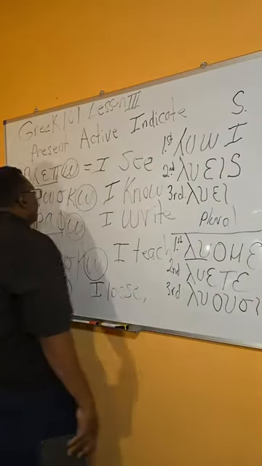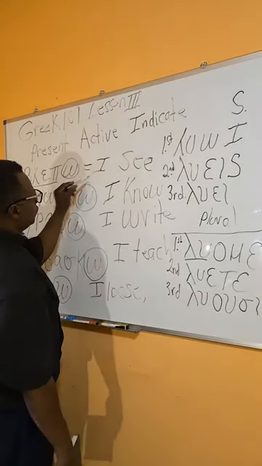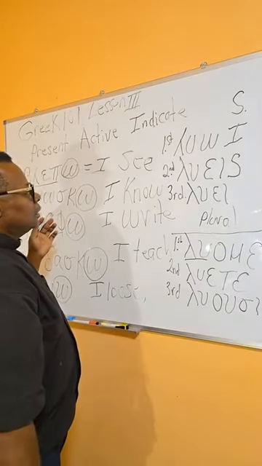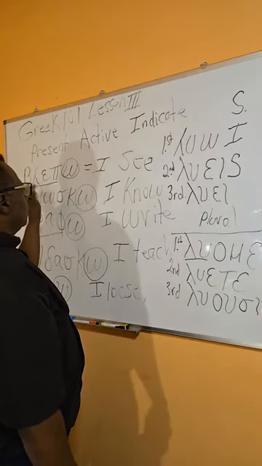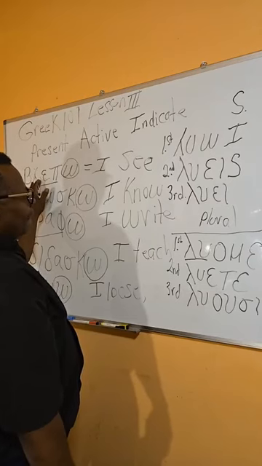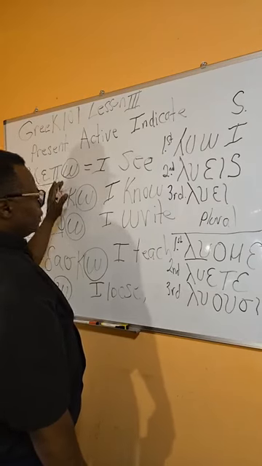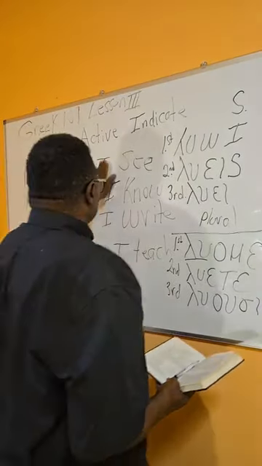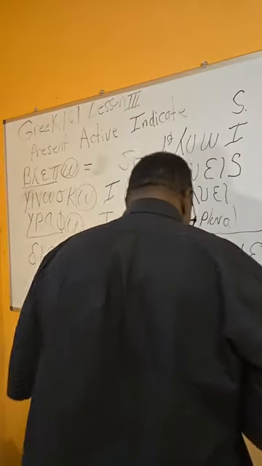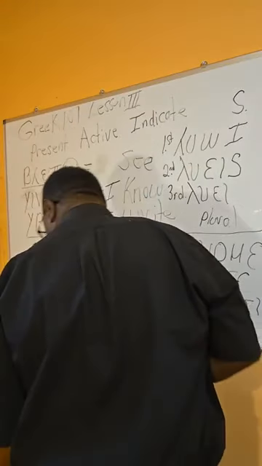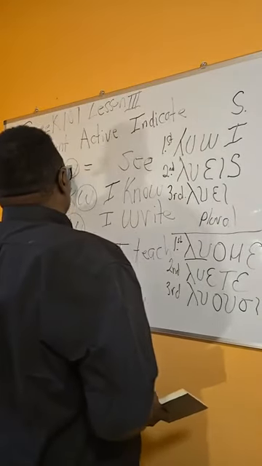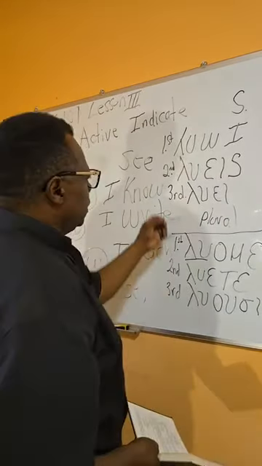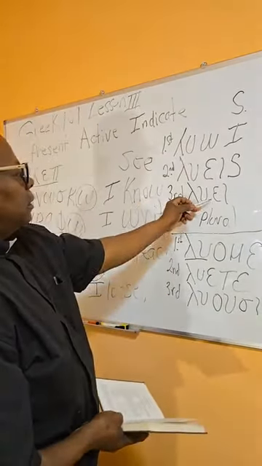So, since now we have blepo, which is the first person, I see, singular, present active indicative, what if I want to make this word say, he sees? Well, I would have to change the omega from the first person, and I would have to change this ending to the third person singular. How am I going to do that? Blep, come over here. What's the third person singular? Right here. Lu, epsilon iota.